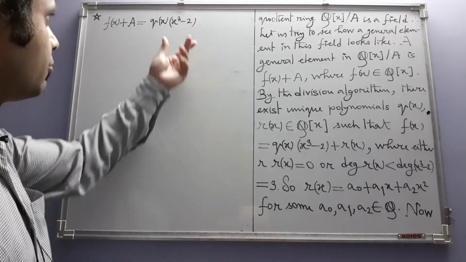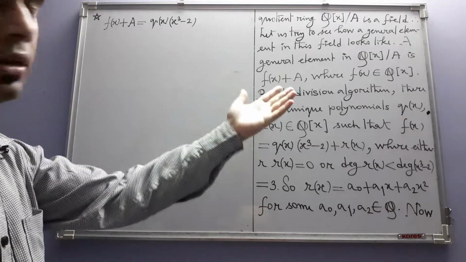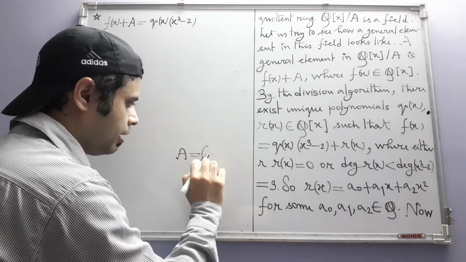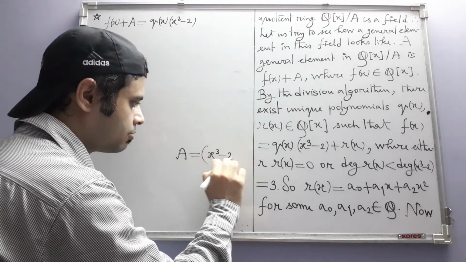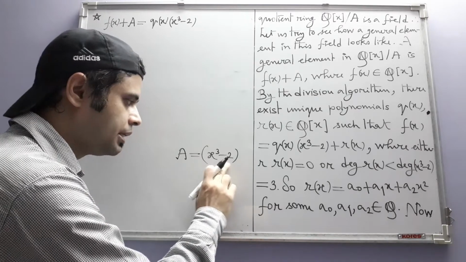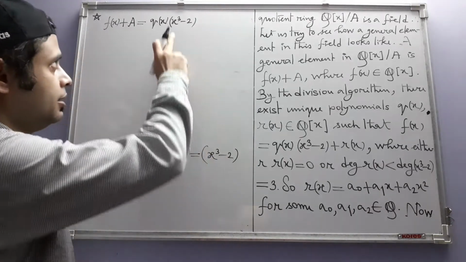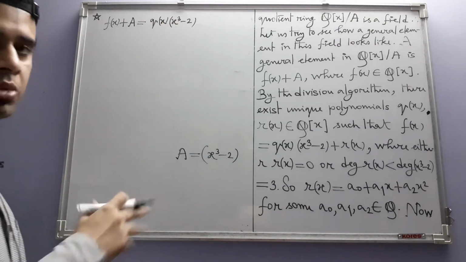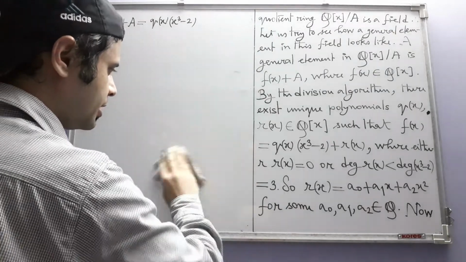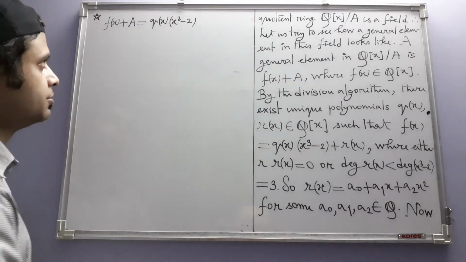Okay, don't confuse this x cube minus 2 within round brackets as A. According to our notation, anything written within round brackets like this is an ideal where the element inside the brackets is the element generating the ideal. Here, however, this is just simply brackets. And if there is a chance of confusion, you can use square brackets also.